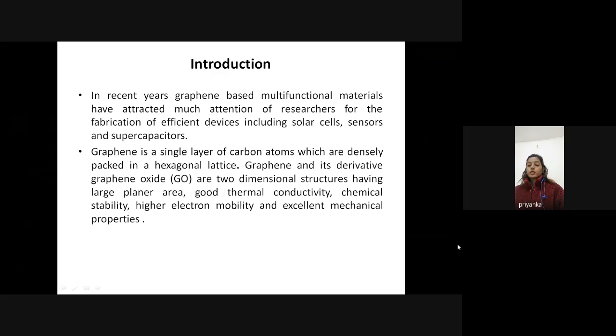Traditionally, GO is synthesized using Hummers' method by oxidation of graphite powder, and then the conductivity of GO is increased by its further reduction using chemical reduction method or thermal reduction method.